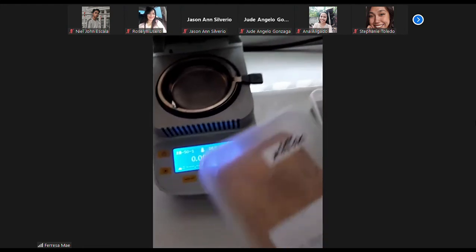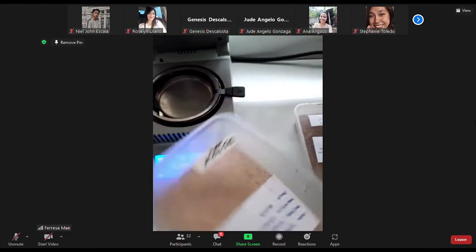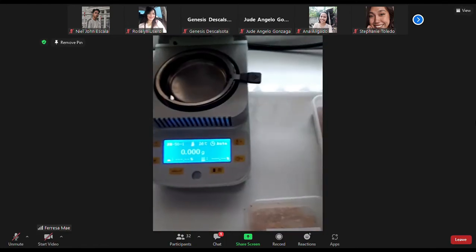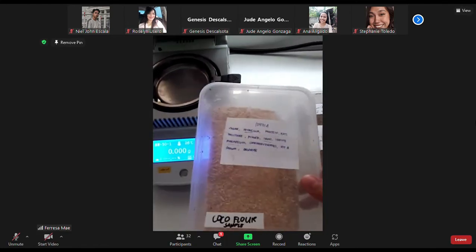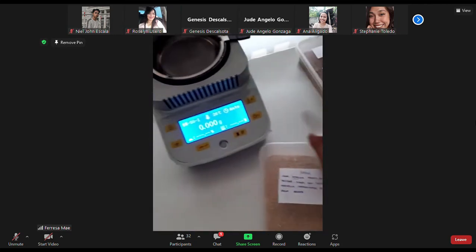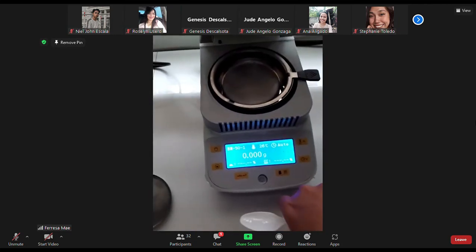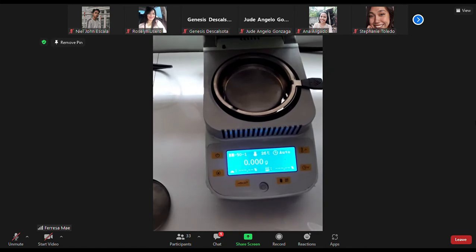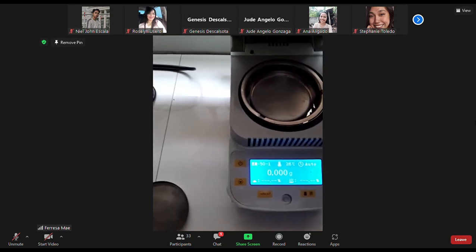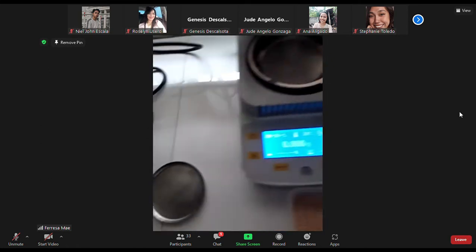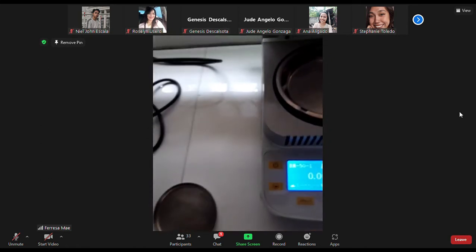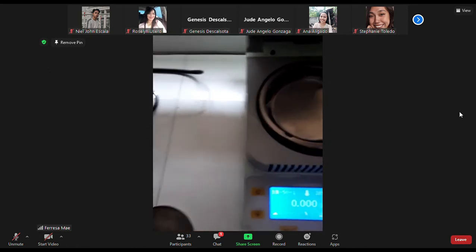This is cocoa flour. Kuhaon ang moisture sa cocoa flour. We will use 5 grams.